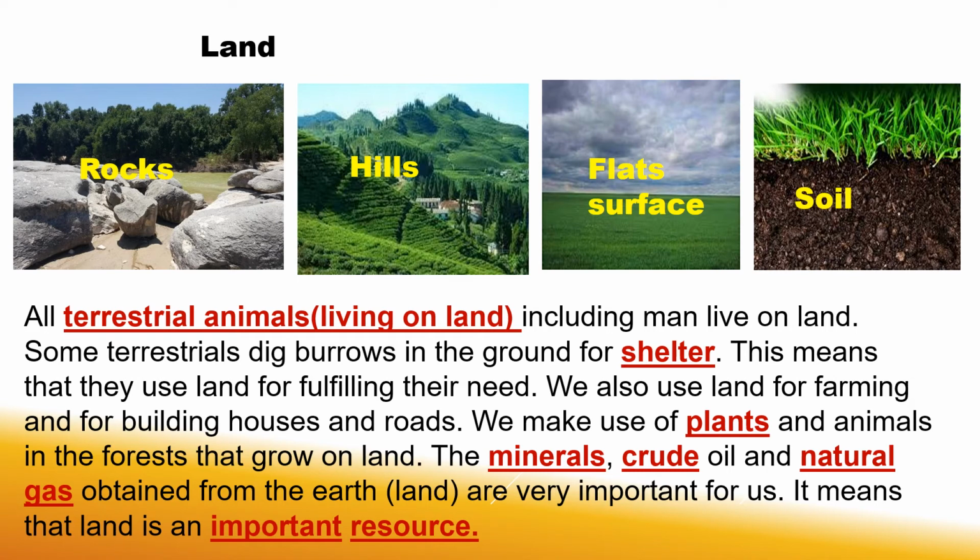We make use of plants and animals in the forest that grow on land. The minerals, crude oil, and natural gas obtained from the earth are very important for us. Therefore, we say that land is an important resource.